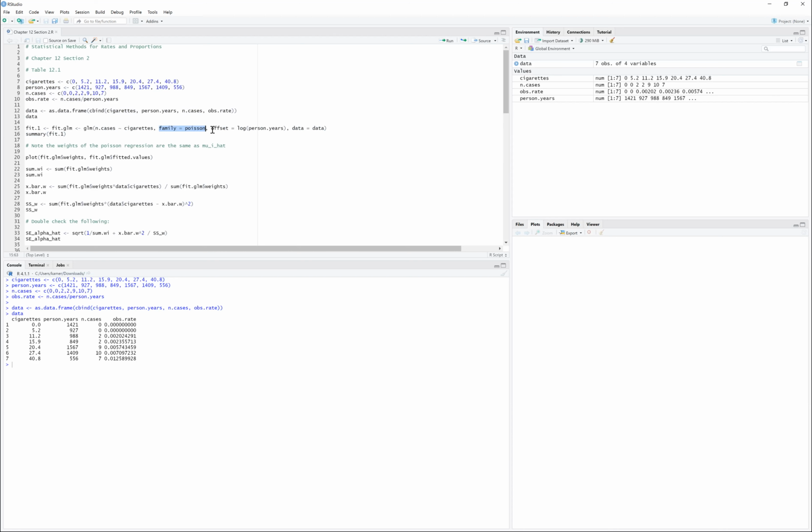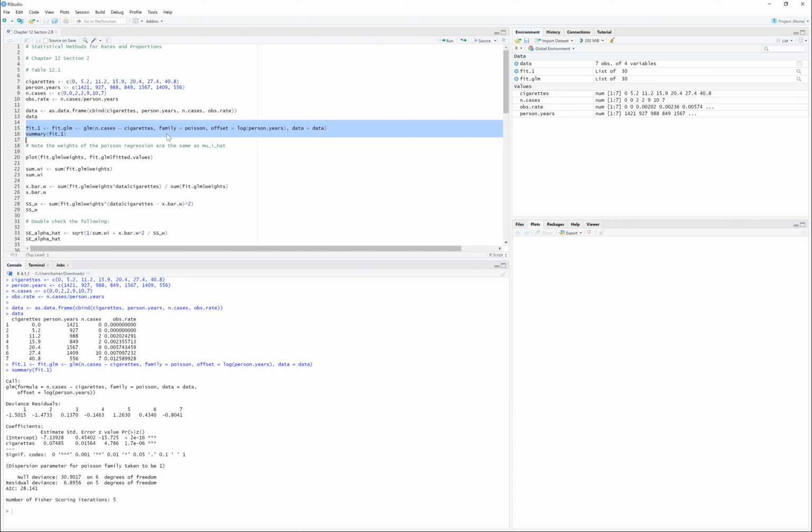Okay, the offset is going to be the log person years. And we use summary fit to calculate our estimates. So here we get the estimate for beta 0 to be -7.14, and the estimate for cigarettes is 0.07.